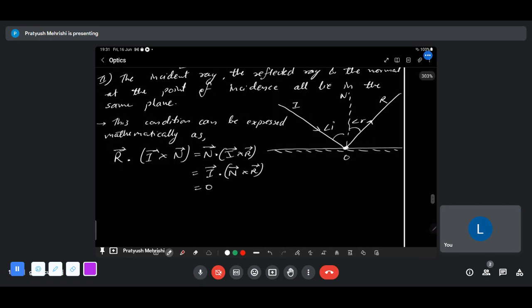Okay, these three are vectors where i, n and r, all these are what?